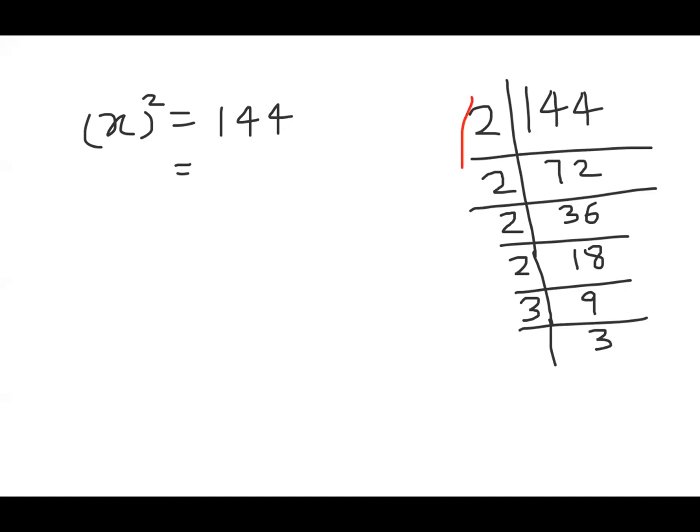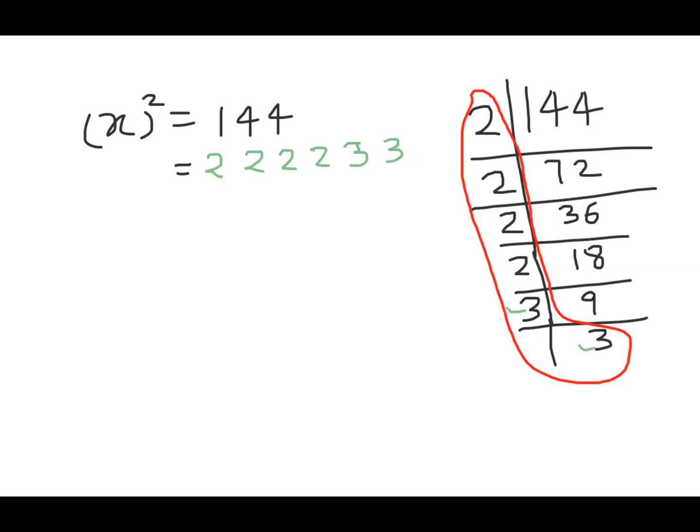Now let's pick these numbers, the ones I have encircled with a red line, and write them over here. How many 2s are here? 4. 4 2s are here. How many 3s? There are 2 3s, this one and this one.